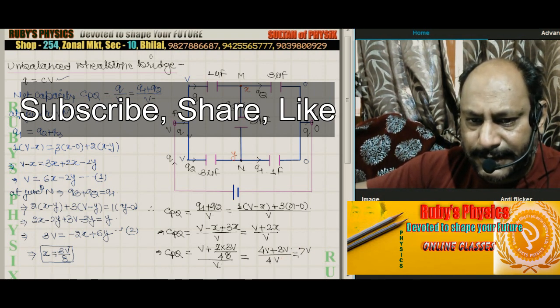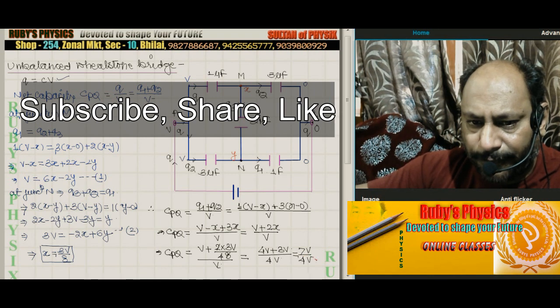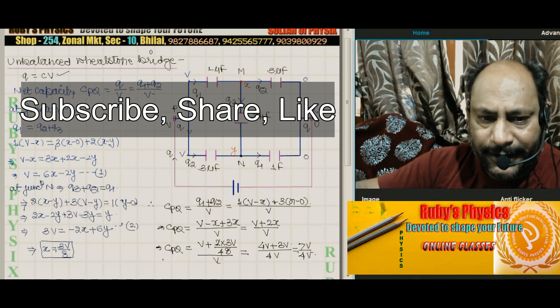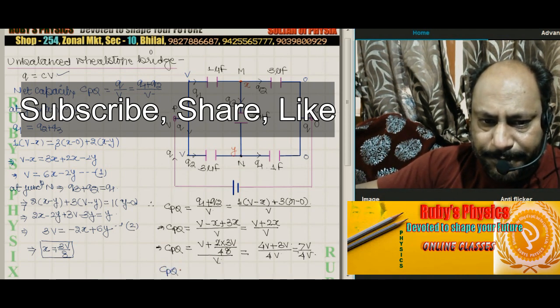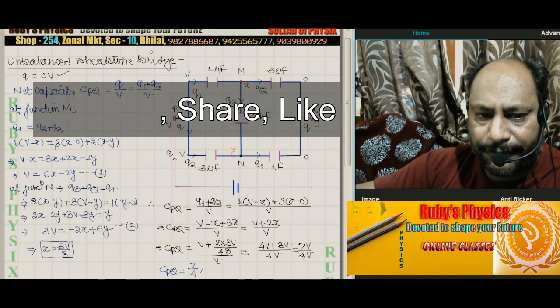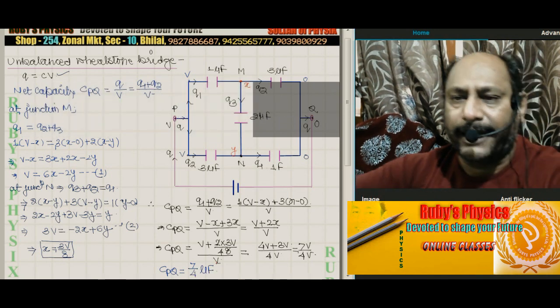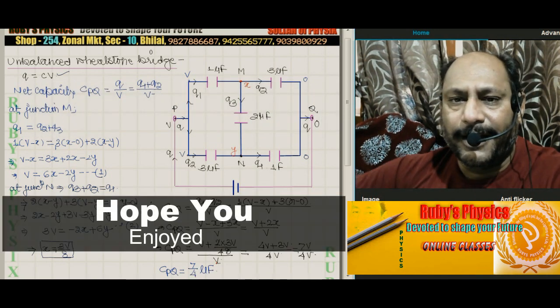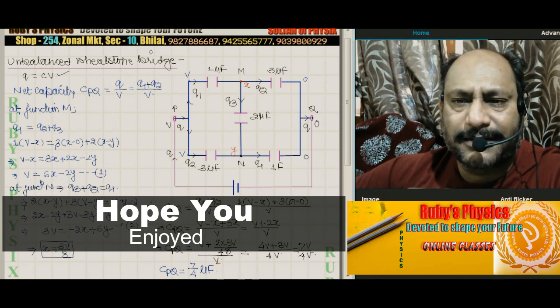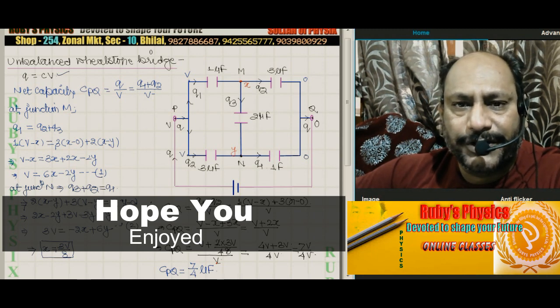So it is 7V by 4V, and hence we have obtained the value of C_PQ, and it comes out to be 7 by 4 microfarad. This is the authentic and pure method and easiest method to crack an unbalanced Wheatstone bridge.